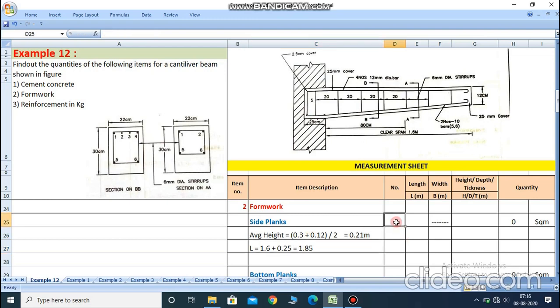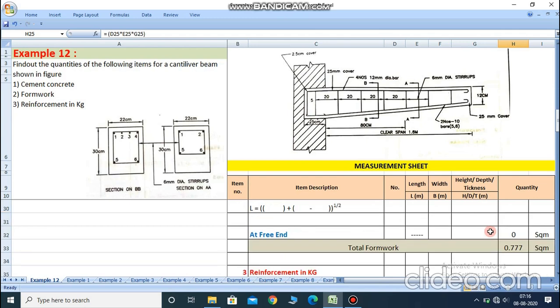In the side plank, two planks are provided, one at the forward side and the second at the back side. So we write 2 multiplied by 1.85 multiplied by 0.21, and we get the answer 0.777 meter square.